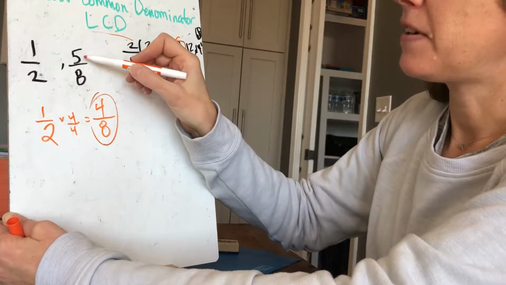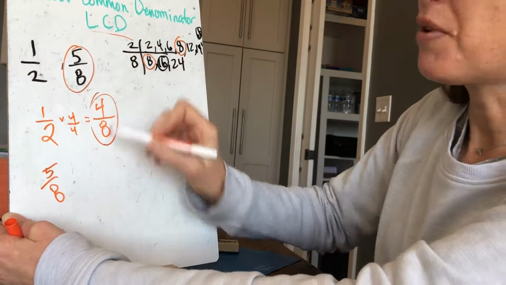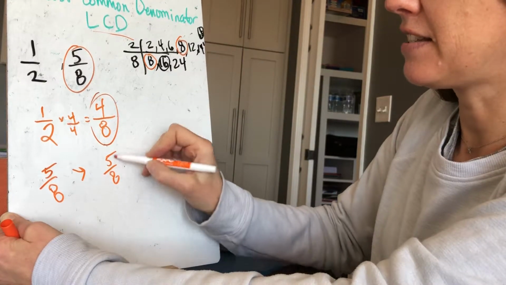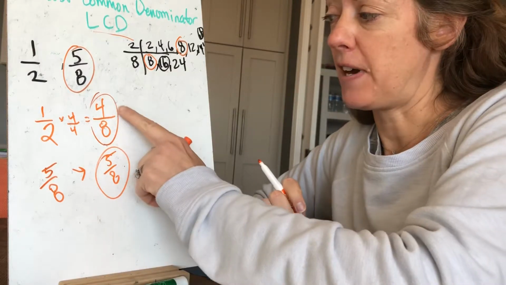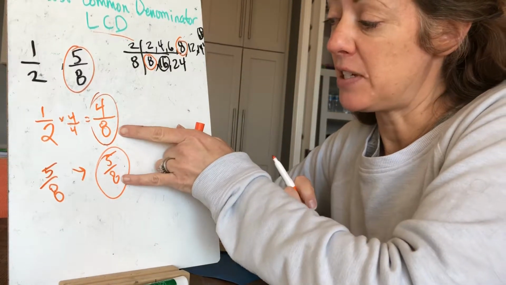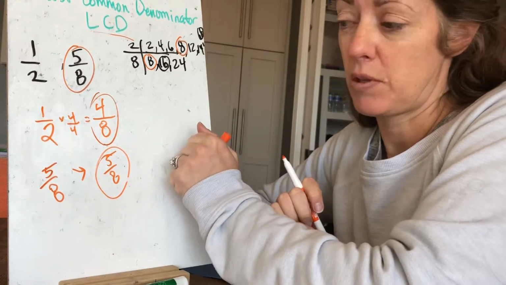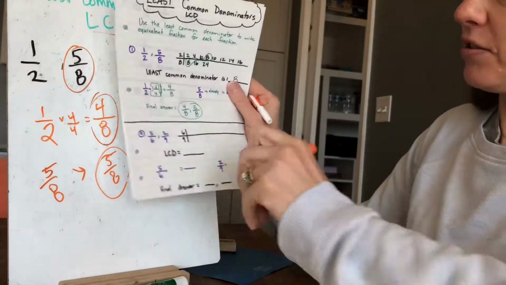We also have 5/8. 5/8, though, already is an eighth, so we're just going to leave it as is. So now our renamed fractions are 4/8 and 5/8, which actually stayed the same. These have common denominators using the least common denominator of eighths, okay? And if you see, that's what we have here too.